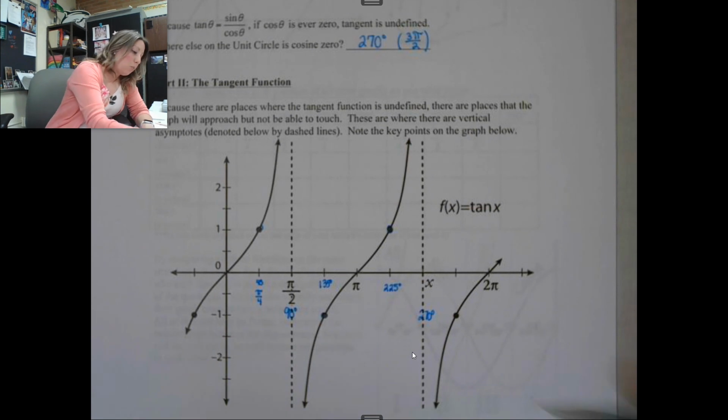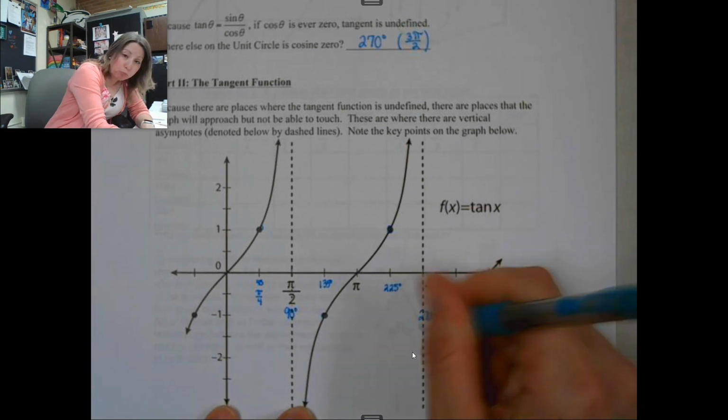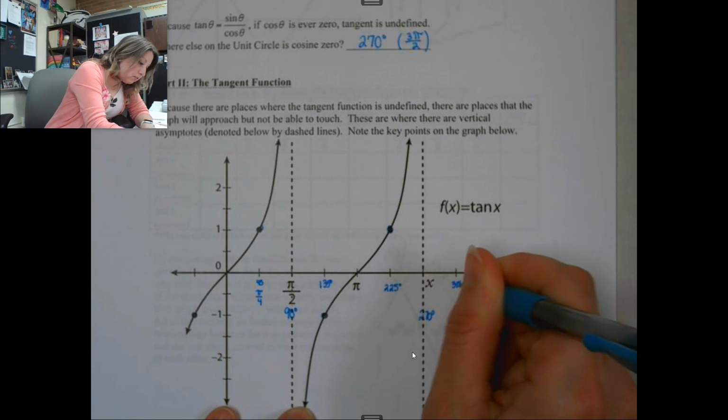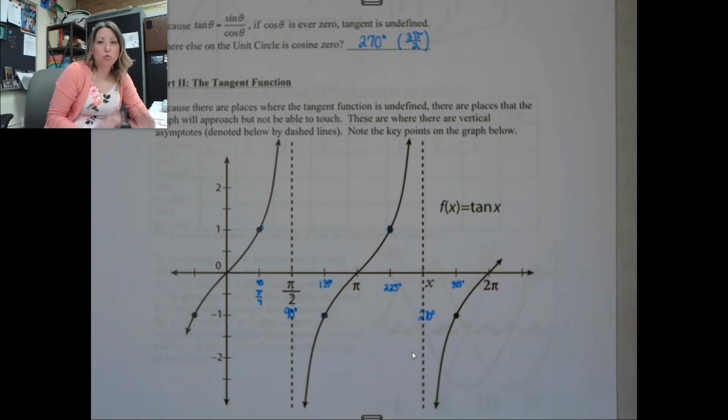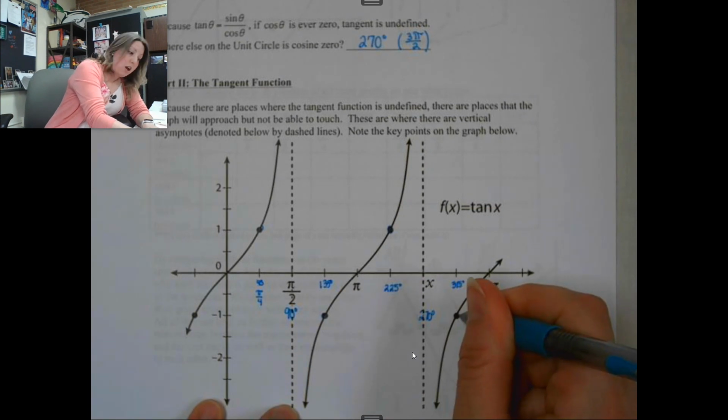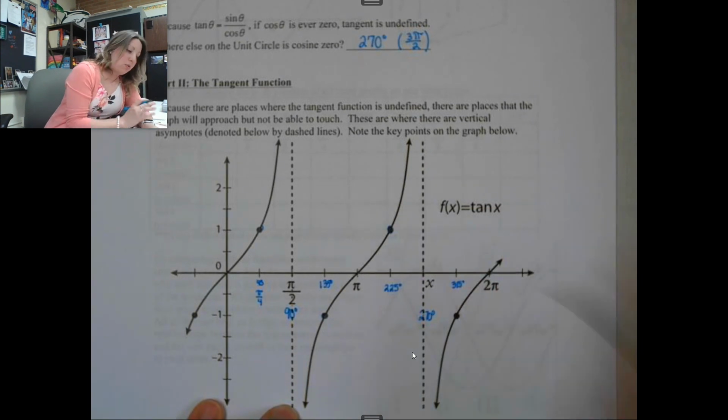And then again, just past 270, we're in the negatives. That's 315. So just past 270 for your 45, that you get to 315. You're in the negatives for this one. And then, of course, you're back at 0, back on the point where we start our unit circle, which is 1, 0. That's where the tangent function goes.